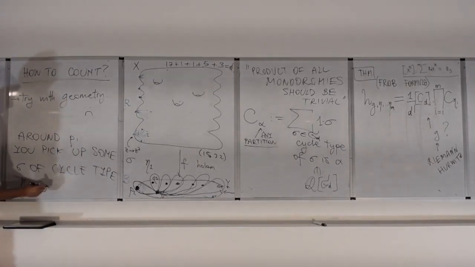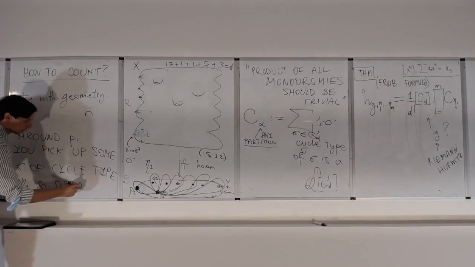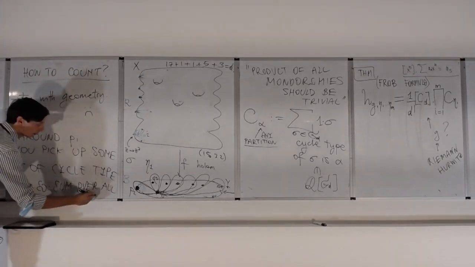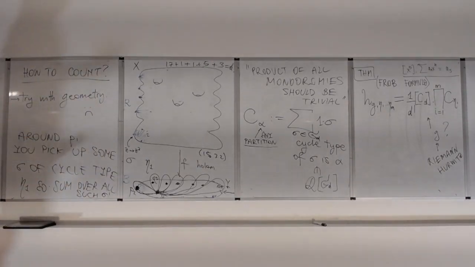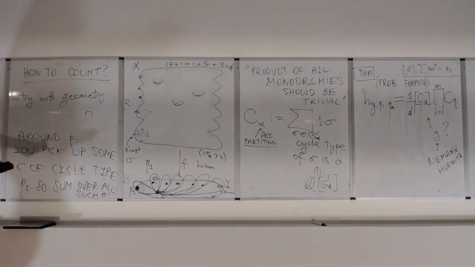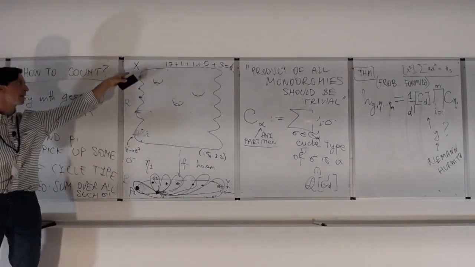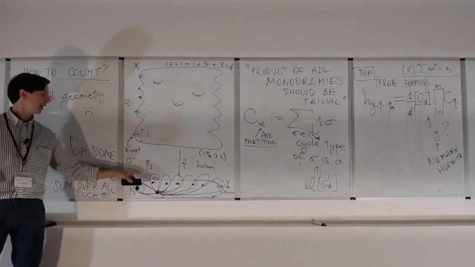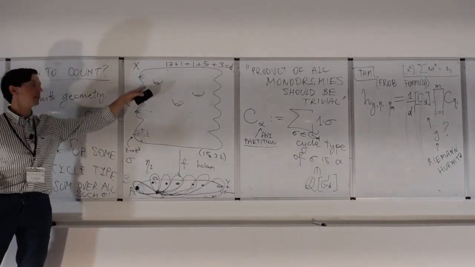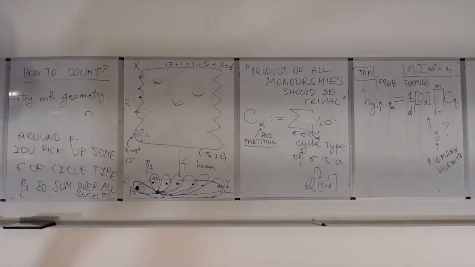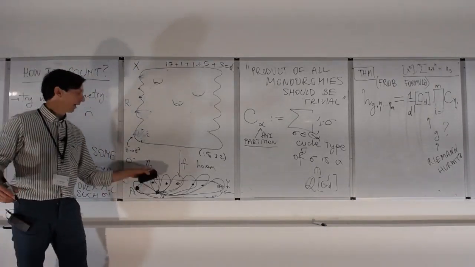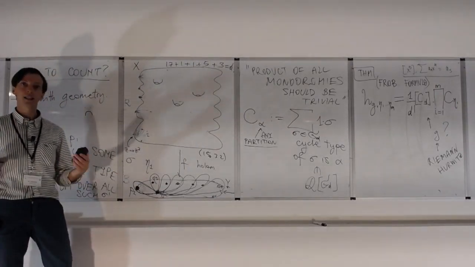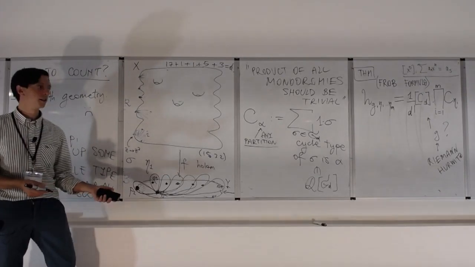So sum over all of them, all such sigmas. If you want to count every map, you need to sum over all sigmas that you can pick up by doing this loop. If you want to count all f's such that the cycle type is given by the partition over here. Does that make sense? And after you're done with all the points, you put it on the other side, you get nothing. So which means that at the end of the day, you should be getting the identity. Let me make an example.